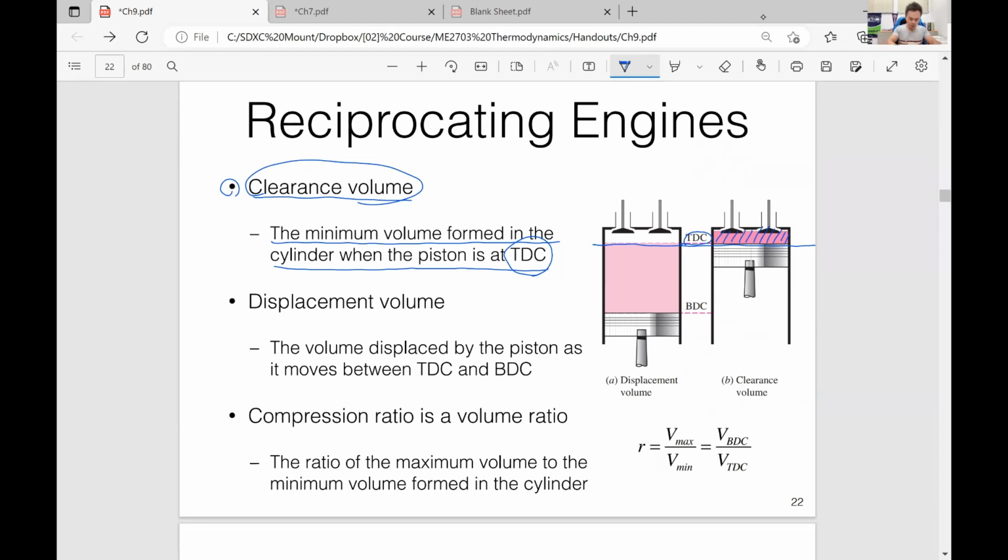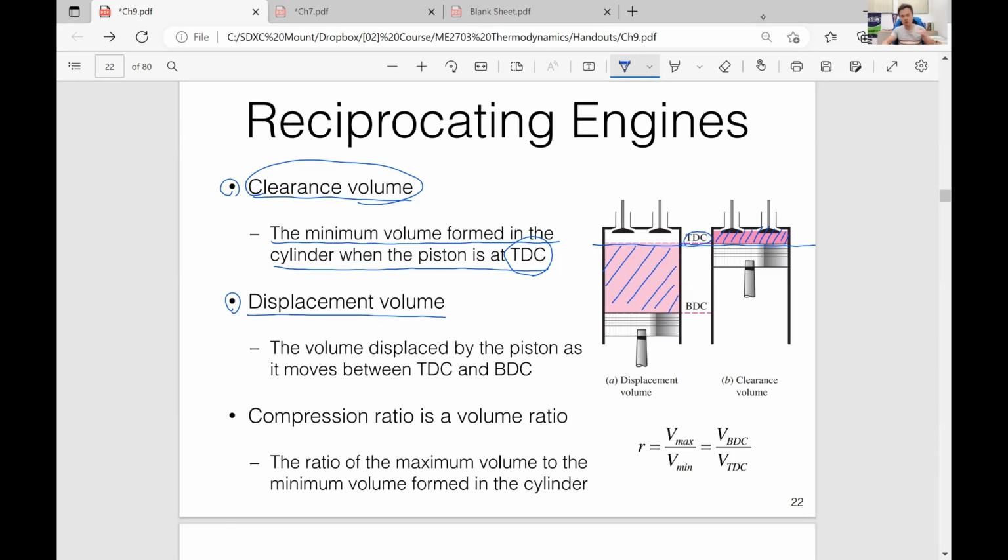Then displacement volume. Displacement volume is the volume displaced by the piston as it moves between TDC and BDC. So this volume is displacement volume.